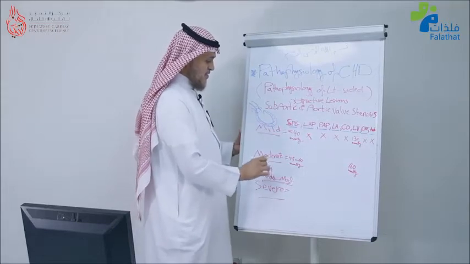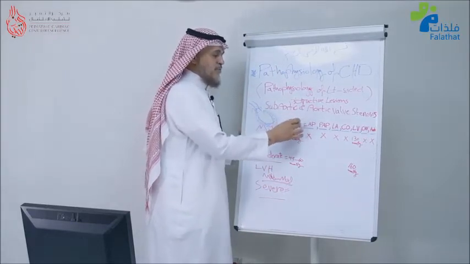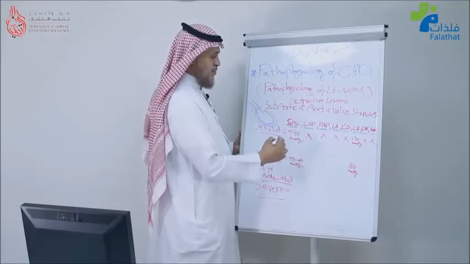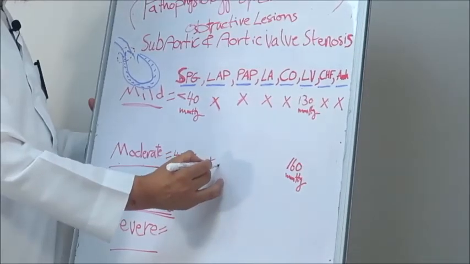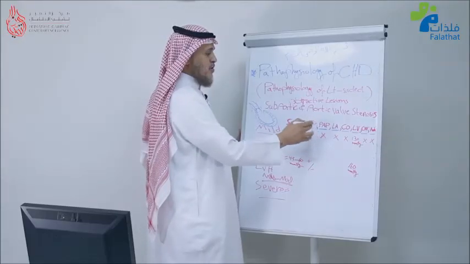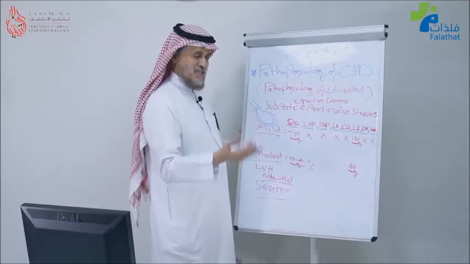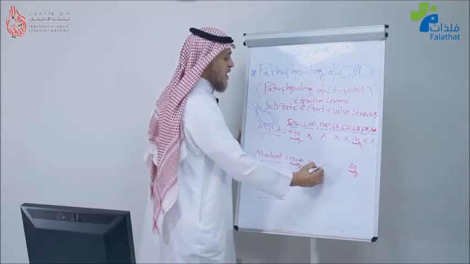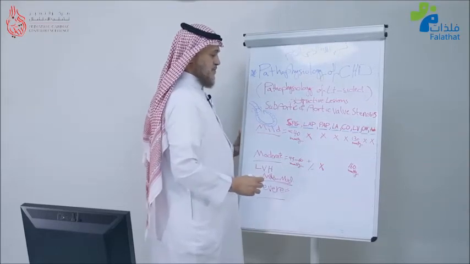Since we are starting to see LVH, then LA pressure, because of possible elevated EDP, may be there, but it is unlikely, so it's a plus minus. Elevation of PA pressure, if this is a plus minus and it's a maybe and most likely, then again, elevation of PA pressure is unlikely in moderate aortic valve stenosis.